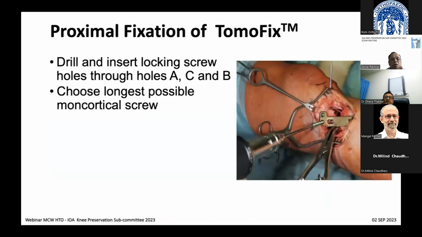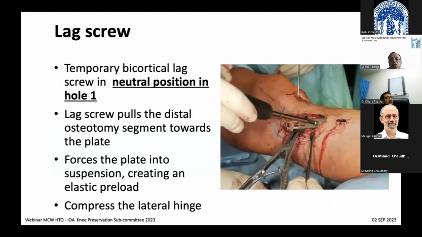Then we insert 2 locking head screws, monocortical, as long as possible in holes A, C, and B. To compress the osteotomy and the lateral hinge, a bicortical locking head screw is passed in the neutral position in hole 1, directly in the distal direction.